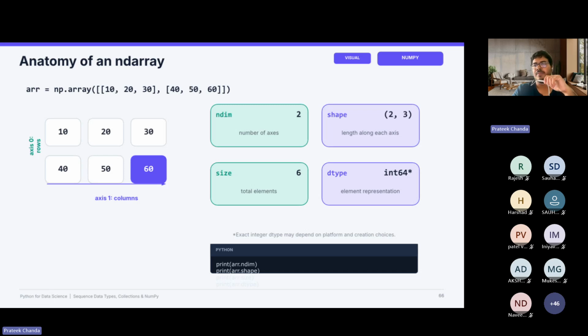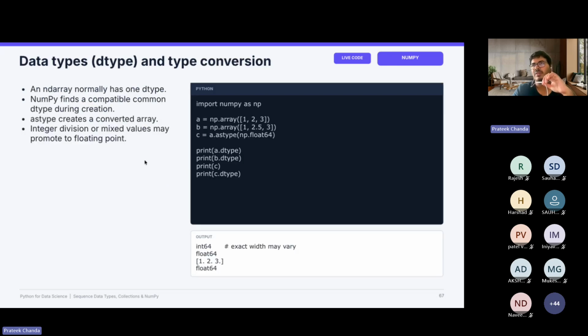So we mostly had looked at the basic anatomy of this NumPy array. Today we'll look at the type conversions and aspects of the NumPy ndarray, and how you can easily do those things in this setting.